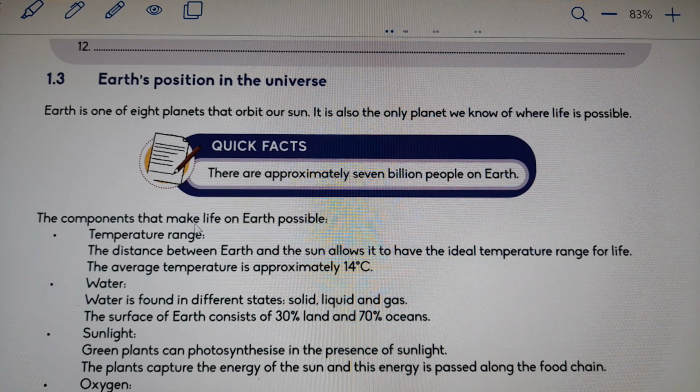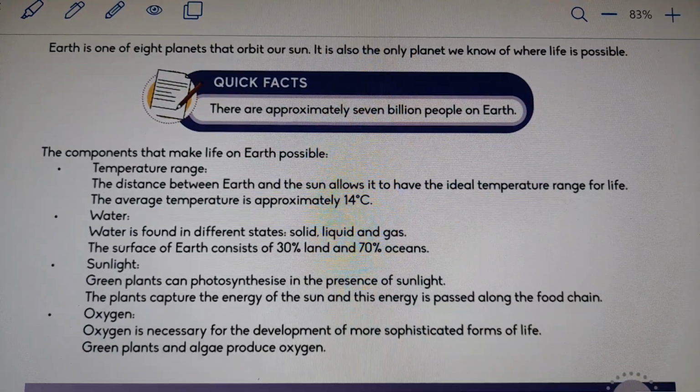The components that make life on Earth possible are, first, temperature range. The distance between the Earth and the Sun allows it to have an ideal temperature range for life. The average temperature is approximately 14 degrees Celsius. I want us to learn this in points before we get details.